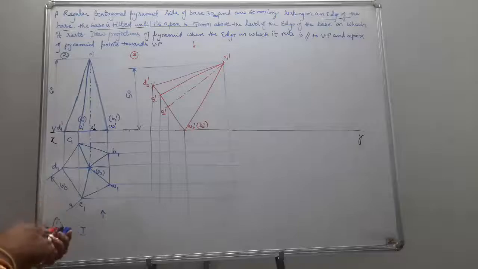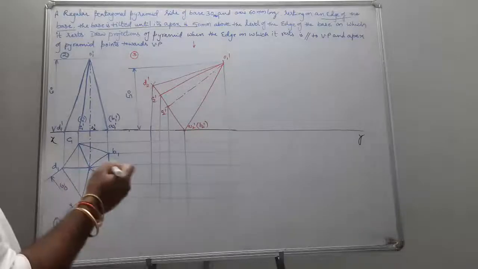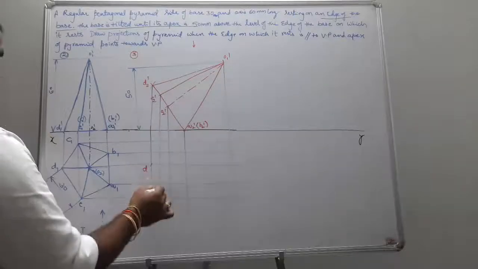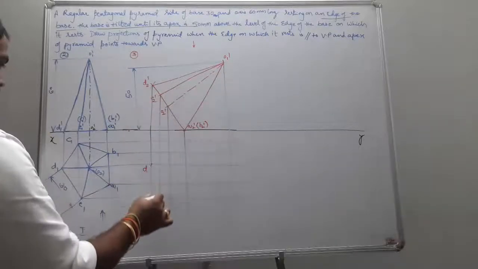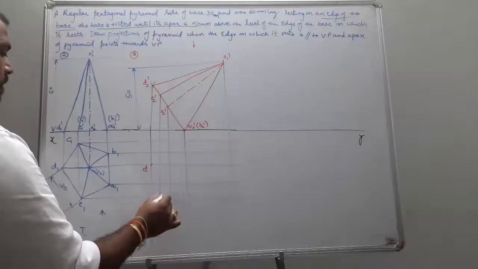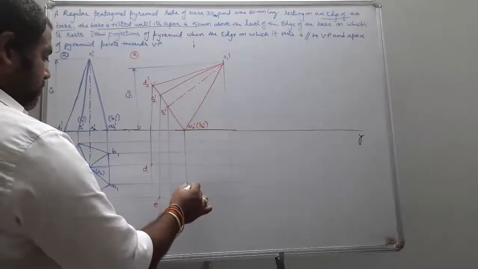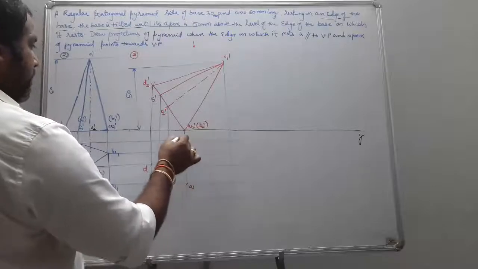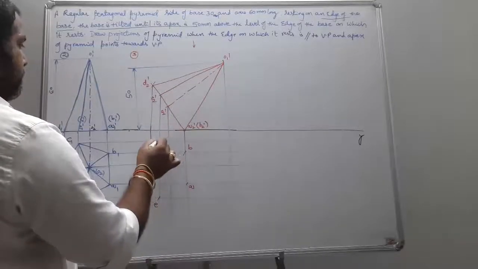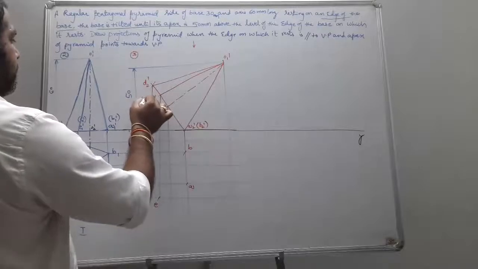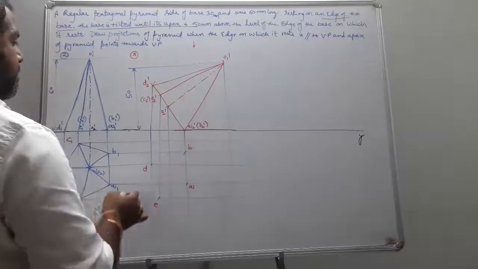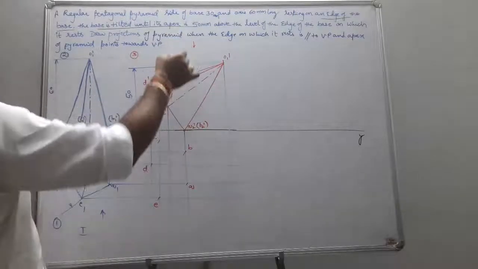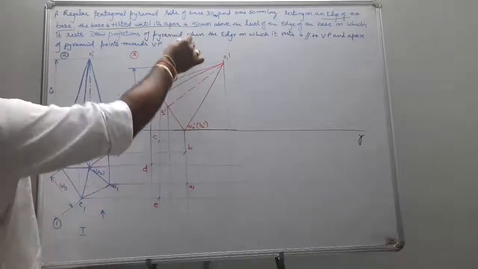Now mark the intersection points. So this is D, E, A, B, C. So the farthest point is going to be when the observer is at AB.